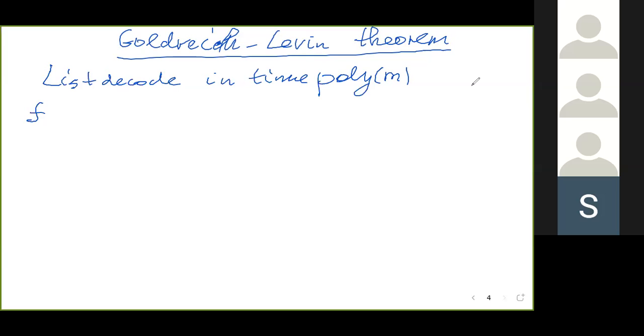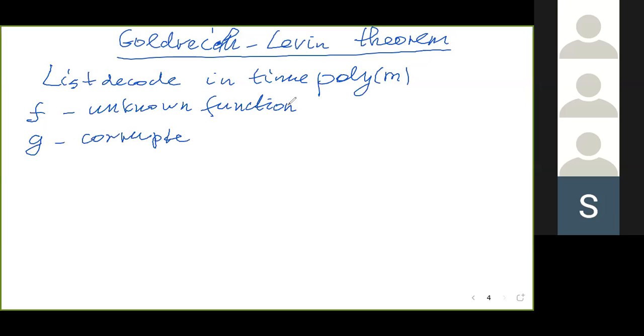Of course, this is impossible if we want to recover the function f exactly. But now we are allowed to output a small list. So here we will assume that f is an unknown function to be recovered by a list of candidates, and we have, so to say, a corrupted function.